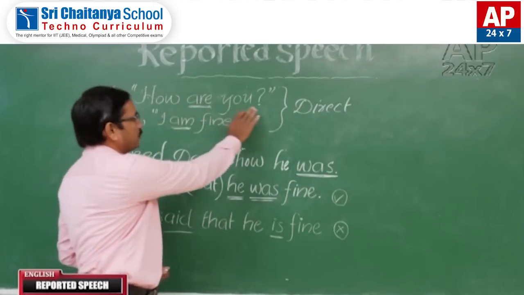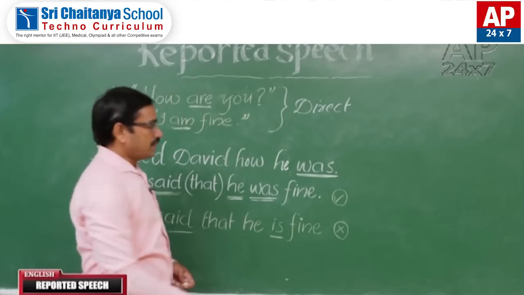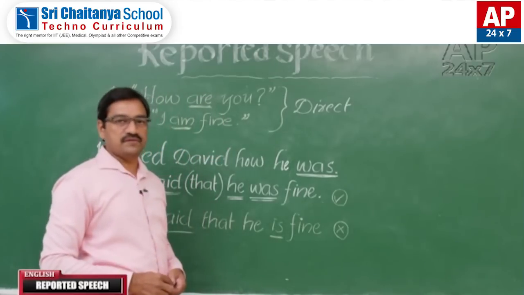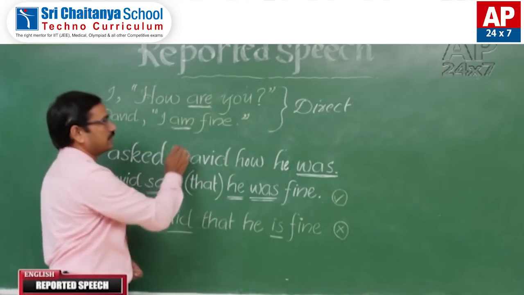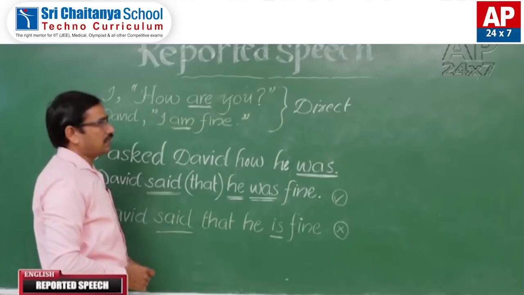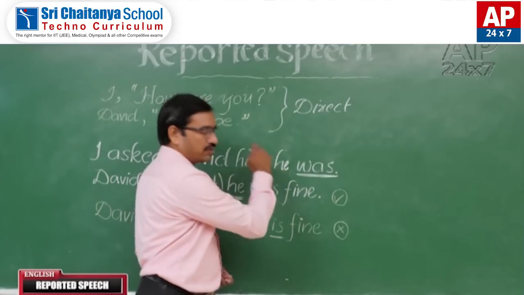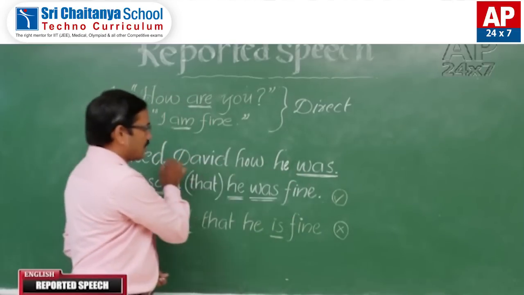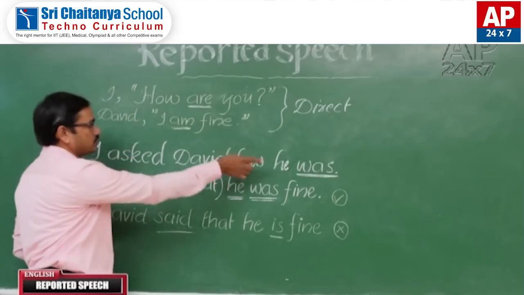Here this was a question and ended with a question mark, but now this sentence, the indirect speech, ends with a full stop. We changed the order also. Here it was a helping verb first and then the subject. Here the person came in front of the helping verb. So the sentence now is an indirect speech, and the tense is changed.